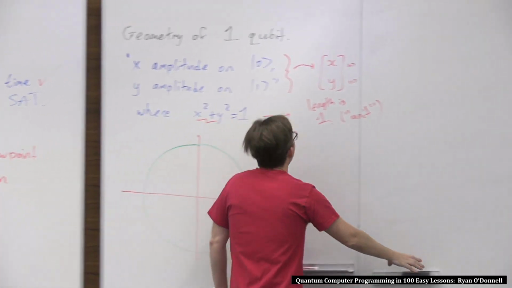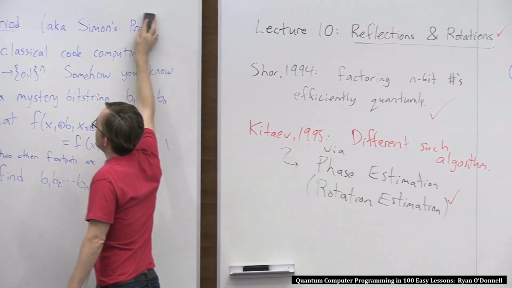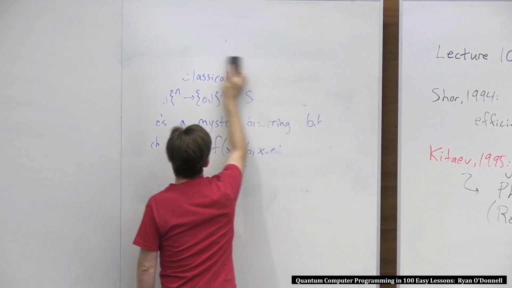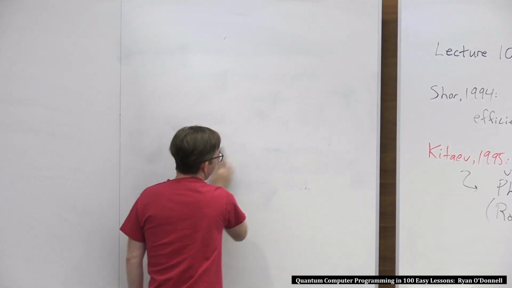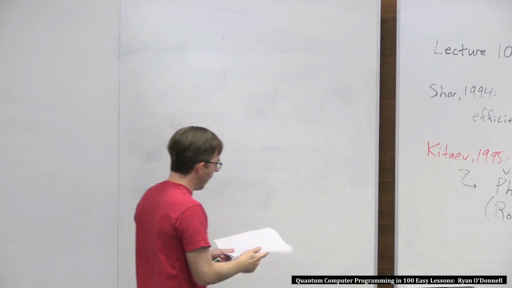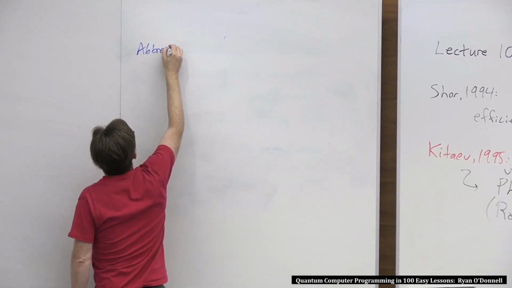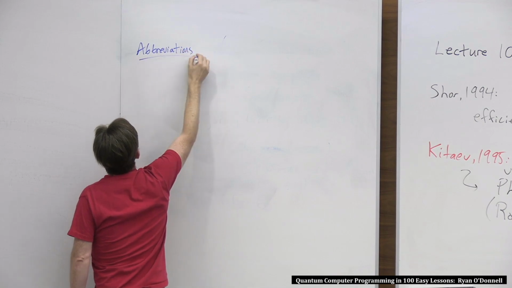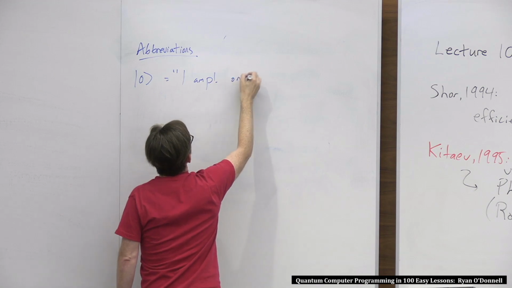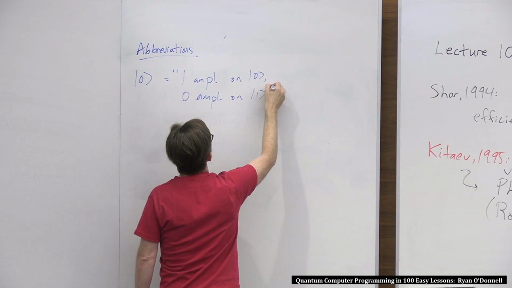Now, one thing that we also got used to was, in the special case that the state was, let's say, the basic state 0, we normally didn't write out, oh, this is 1 amplitude on 0 and 0 amplitude on 1. We got used to abbreviations. So we have these abbreviations. We just write this for 1 amplitude on 0 and 0 amplitude on 1.